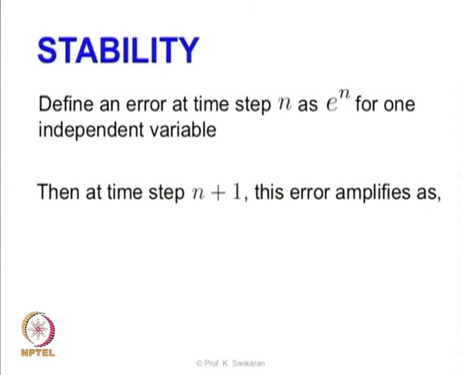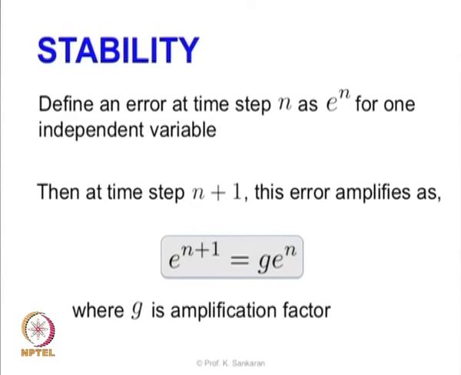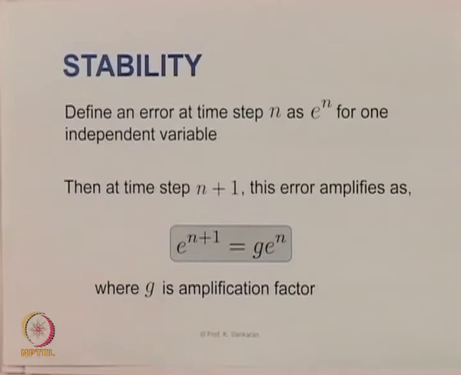When we go from n to n plus 1, this error is going to get amplified, but how? We say the error E_{n+1} is going to get multiplied by a factor g, which is called the amplification factor.